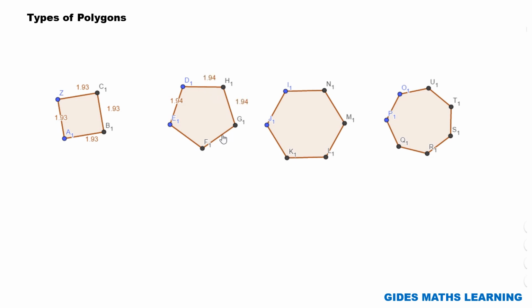It is 1.94. So we realize that all the sides are equal in length. 1.87, 1.87, 1.87. Yes. 1.41, 1.41, 1.41.